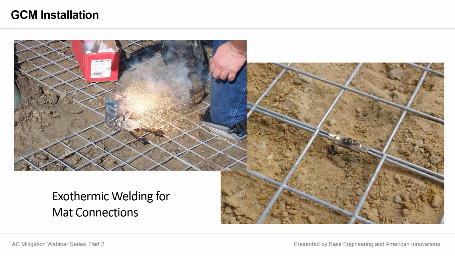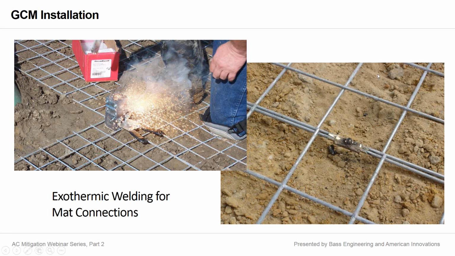The gradient control mats themselves come in sheets, much like floor tiles, except that they're 4 foot by 8 foot, dimensionally speaking. As you build your gradient control mat, you must interconnect those mats one to another. We prefer an exothermic welding process for that.